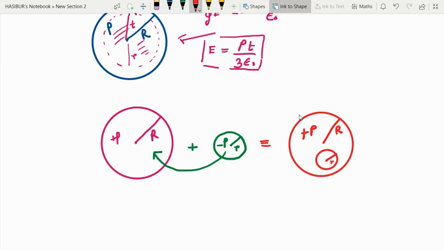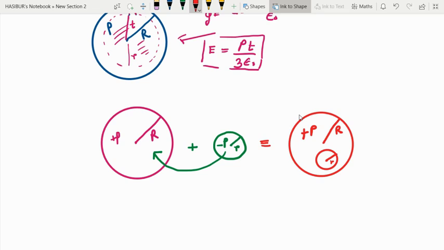So we have got the object which is the same as in the question. In the question, the object can be seen as a superposition of these two objects.